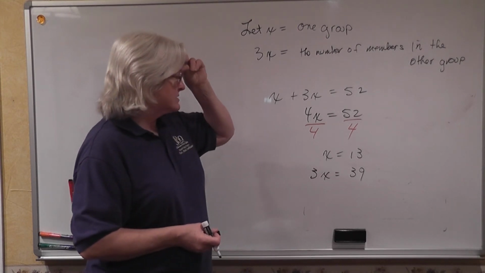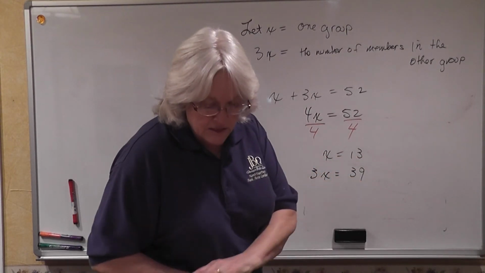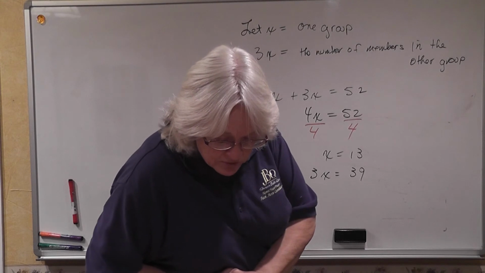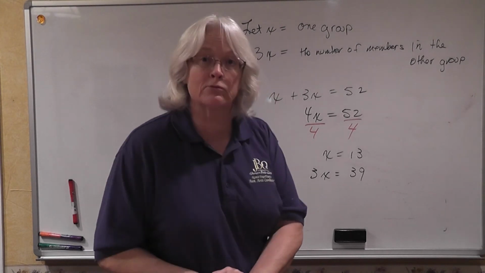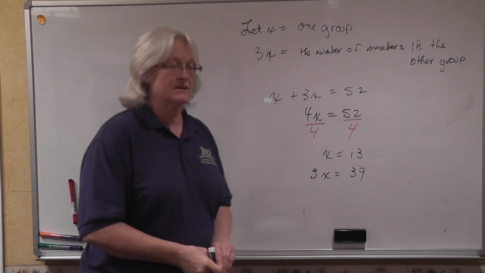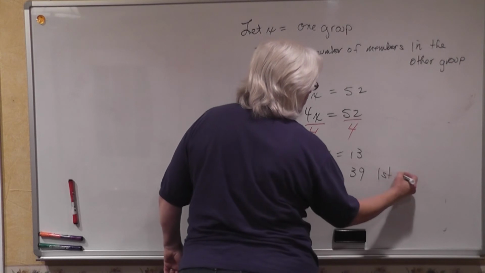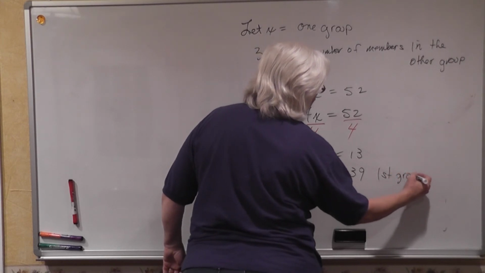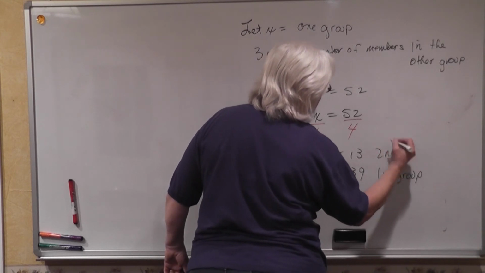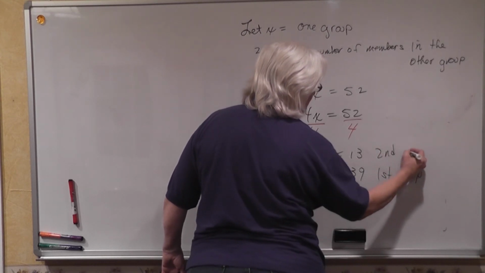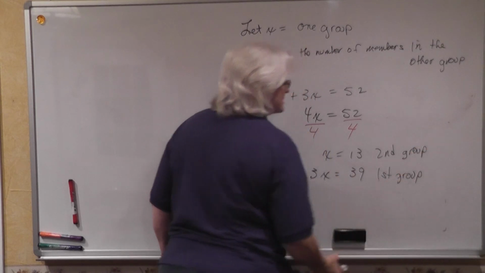How do we label this? This is the smaller group, this is the larger group. They're asking us, though, for the first group and the second group. It says the first group is 3 times as large as the second group. So this is the first group, and this might be a case where you've got 52 people standing in line to get into a production or to get on a ride or to do laser tag or something.